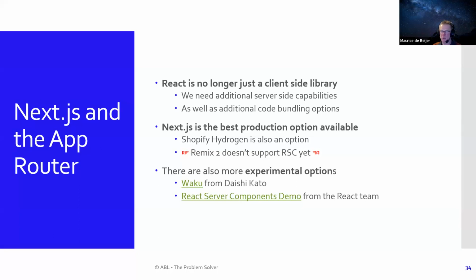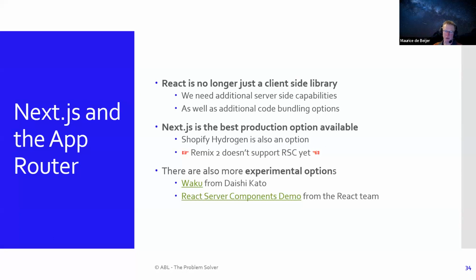That hasn't gone away, so no worries there. Existing applications will just work as is. But if you want to get into React server components and start using that capability, then you do need a server part. There needs to be a React capable server, which means that we need functionality there.